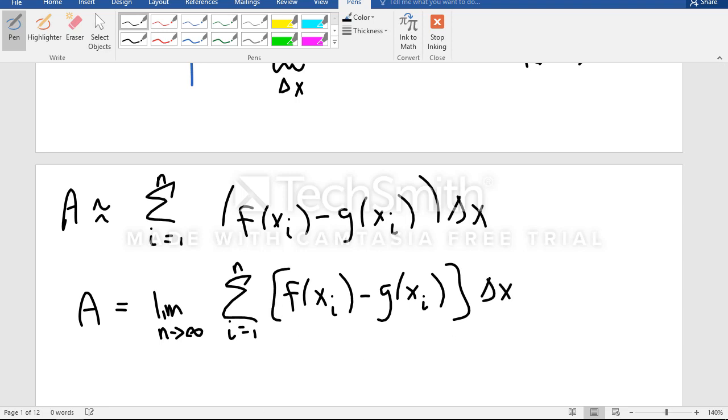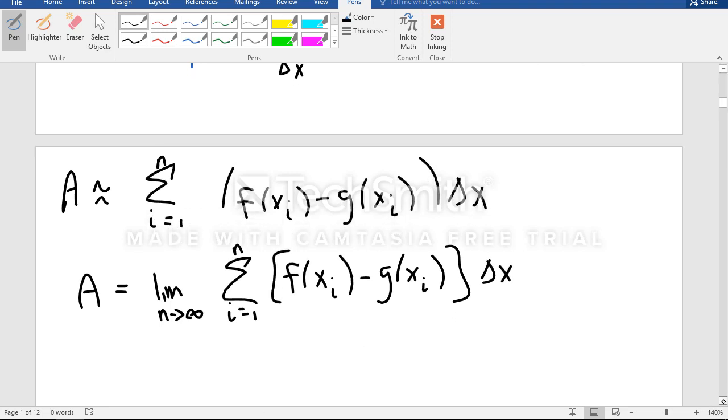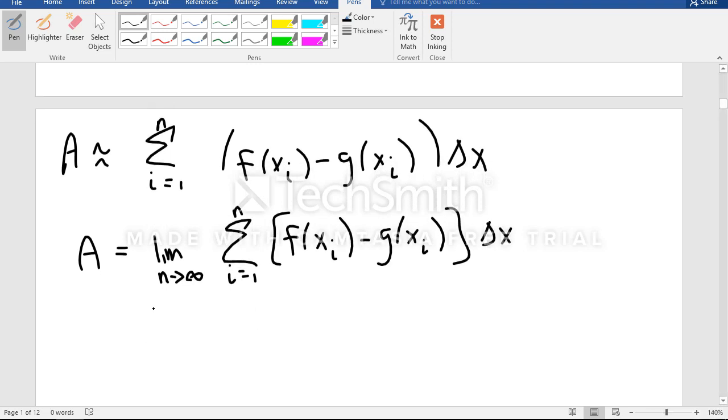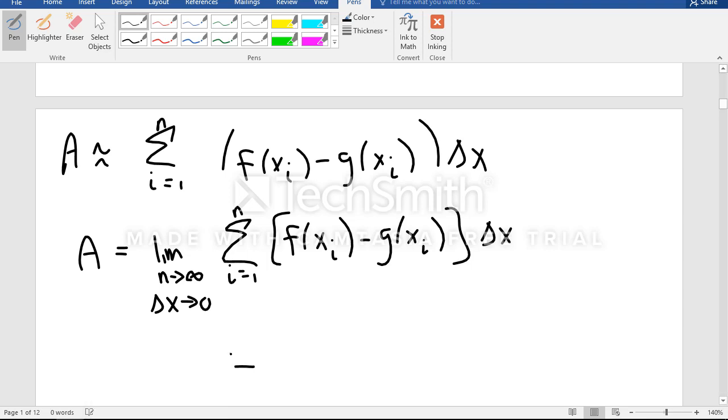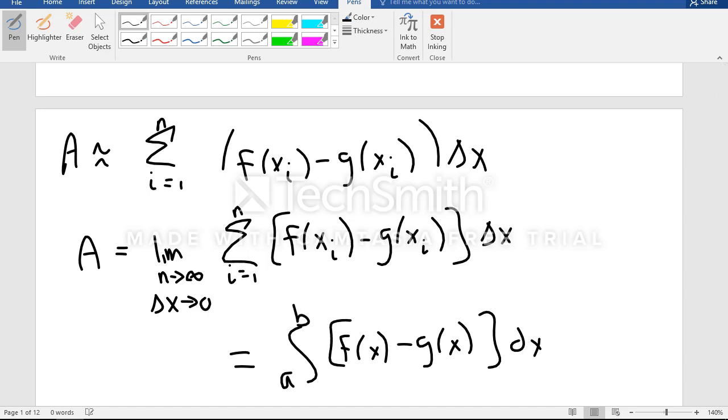And again, let me remind you, notationally, some textbooks say, as we get more and more rectangles, our delta x goes to 0. So that gives us the integral of the upper curve minus the lower curve from a to b.